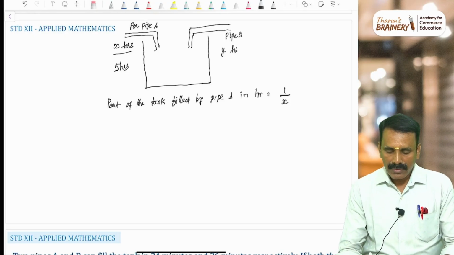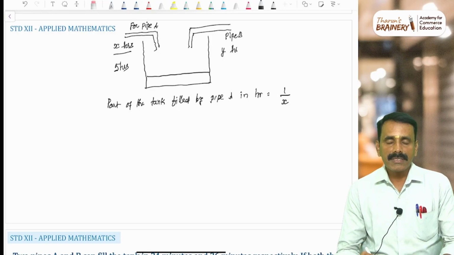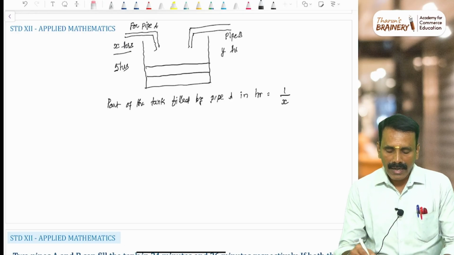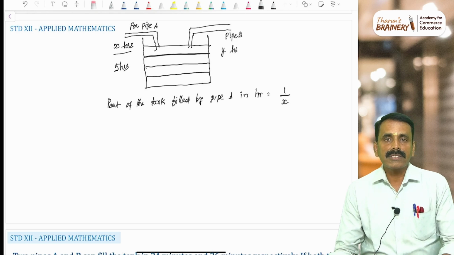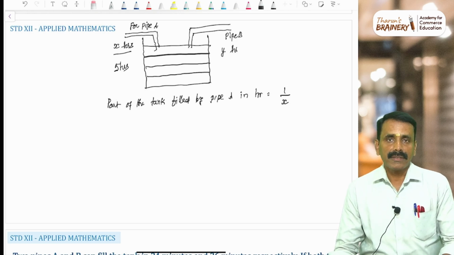In the first hour it will fill 1/5 of the tank. In the next hour it will fill another 1/5, then another 1/5, and another 1/5. Finally, in the last hour it will fill the entire tank individually.